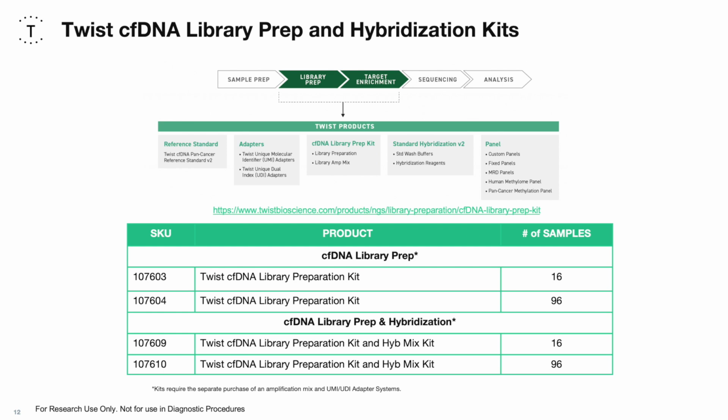We also provide the entire target enrichment workflow and a wide array of panels, including our fixed panels, MRD, and custom panels, and you have the option to spike in any additional content with a spike-in panel. The kits are available in both 16 and 96 sample configurations to meet your throughput needs.